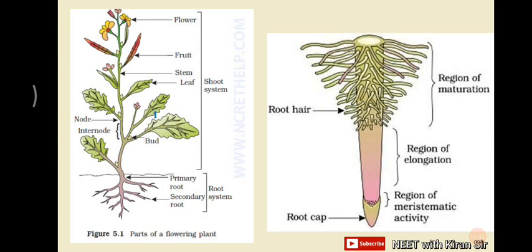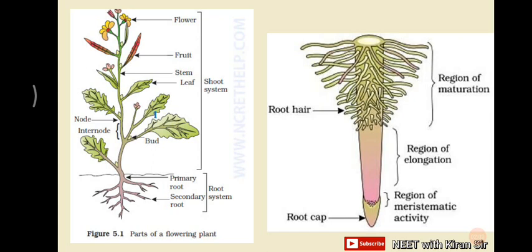Similarly, the reproductive parts are the flower and the end products of reproduction, the fruit and seed. So flower, fruit and seed are the reproductive parts.